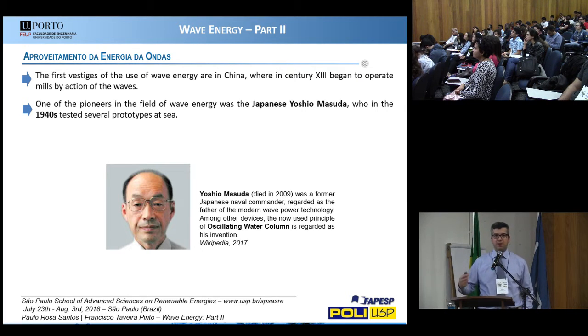Now, moving to the technologies, and going back, in some books you may find some references to some initial and primitive utilization of wave energy in China a long time ago, but the first prototypes tested in the sea were tested by this professor, and that is from Japan.